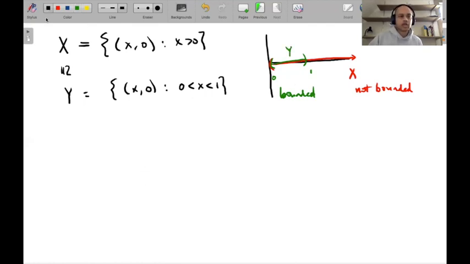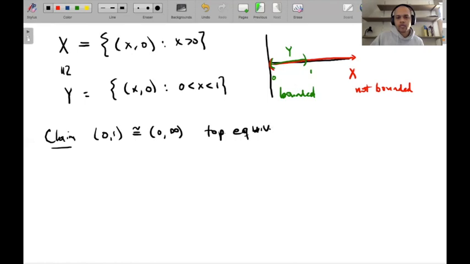But they're topologically equivalent. So claim: the interval from 0 to 1 and the interval from 0 to infinity are topologically equivalent. Well, for example, consider the following map. This sends x to x over 1 minus x.